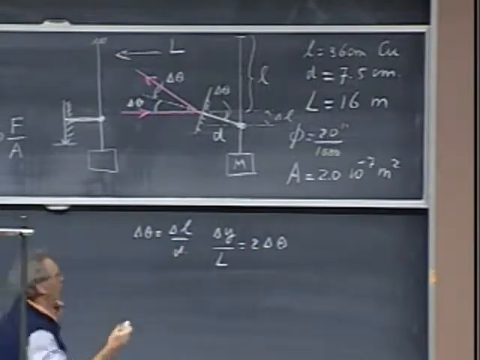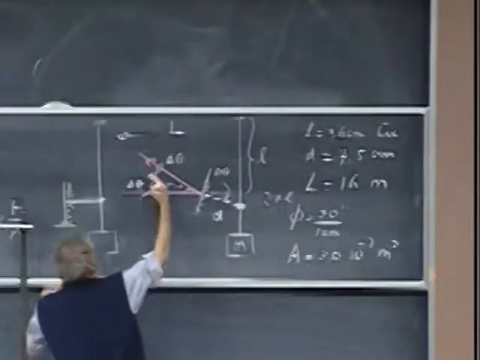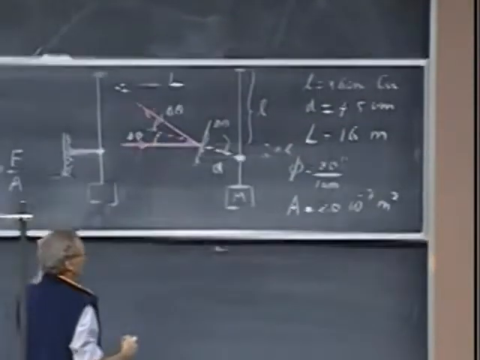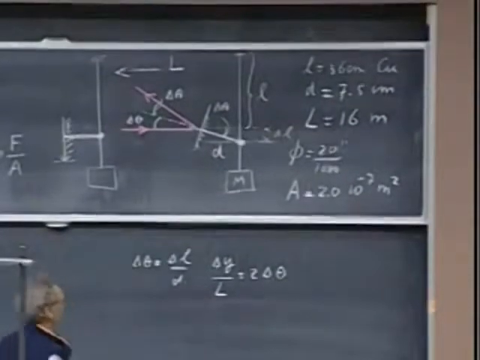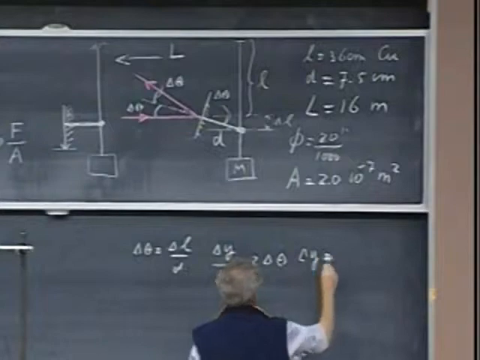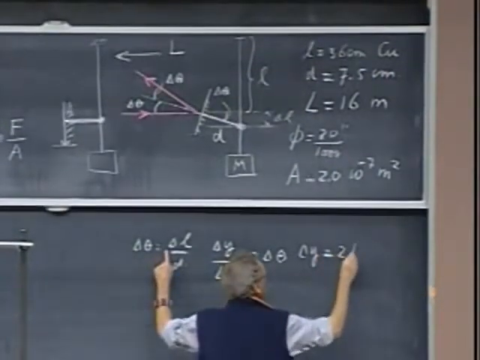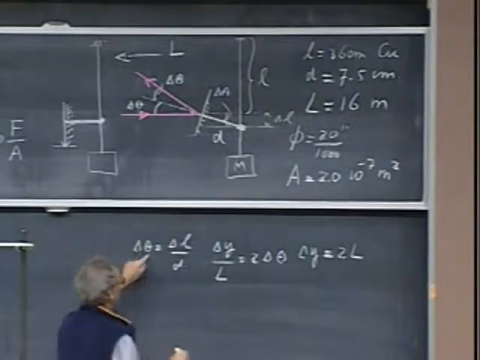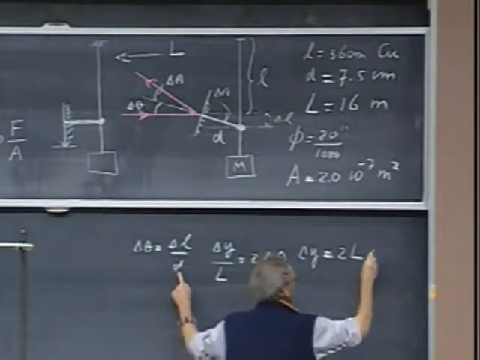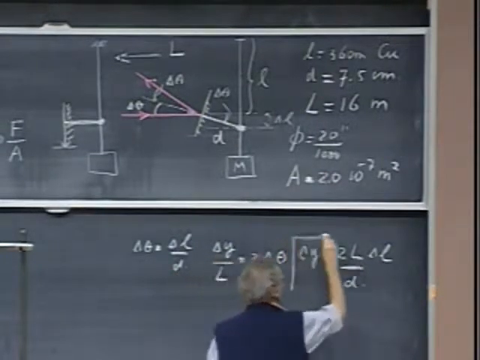This is a small angle approximation, but it's a very good approximation, and theta is in radians. It is 2 delta theta because you see here that the change is over an angle 2 delta theta. And so delta y equals 2L delta theta, which is 2L times delta L divided by D.